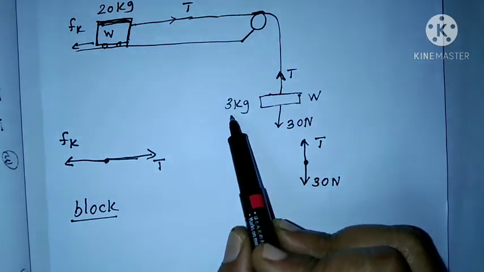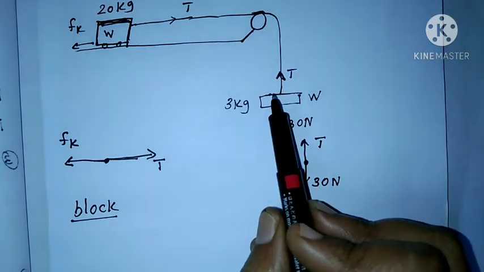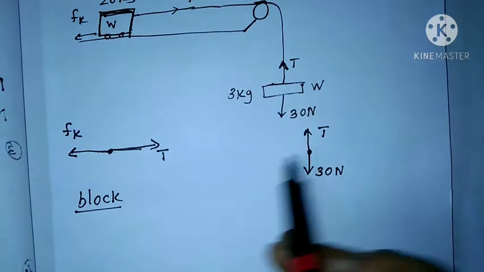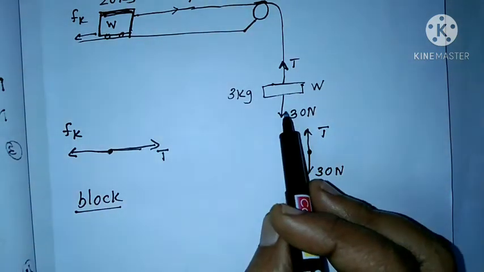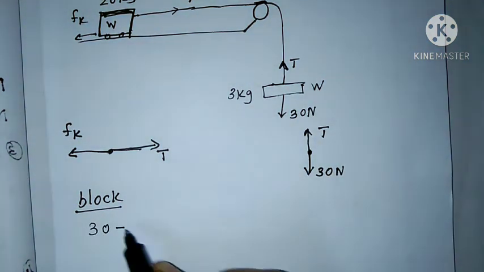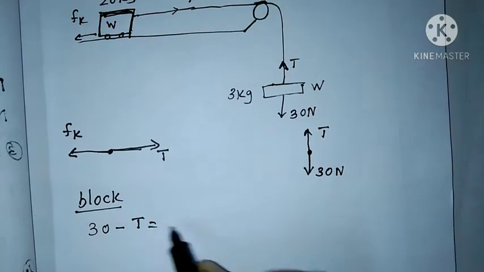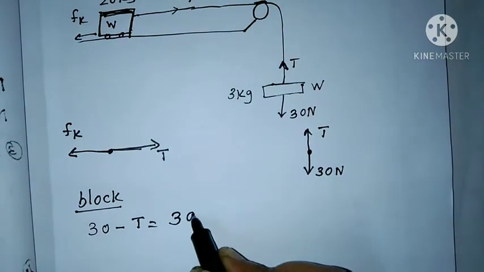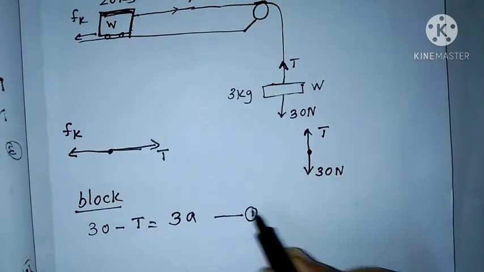The mass here is 3, into the acceleration we want to find. So the net force 30 minus T is equal to 3a. That is equation number 1.